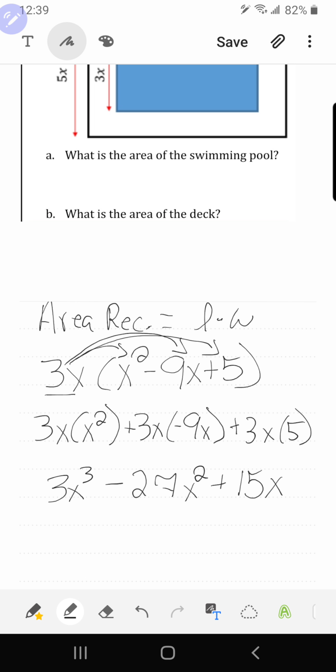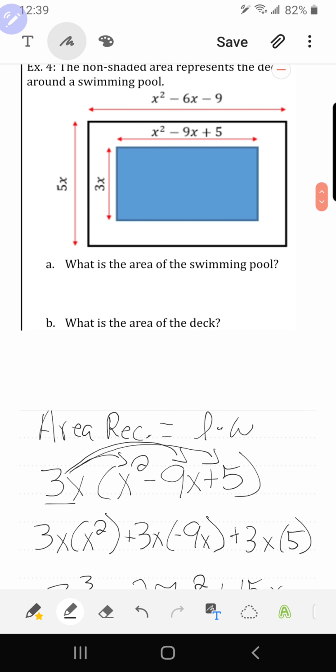Now I look at that and ask, do I have any like terms? No, I don't. So I'm done. That is the pool area. So now I want to find the area of the deck.